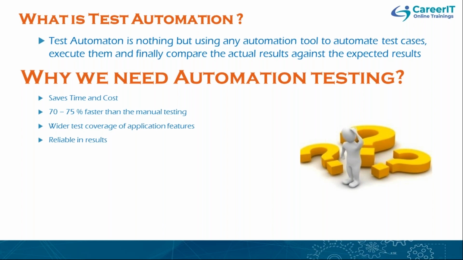By seeing that screenshot, you can come to know what actually happened, whether there is a real defect, or it is an environment issue, or some script issue. You can easily come to know by seeing those screenshots, so the results will be very reliable, and you can do a proper failure analysis after the execution is done.